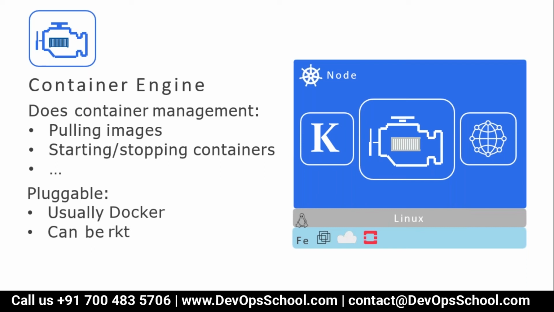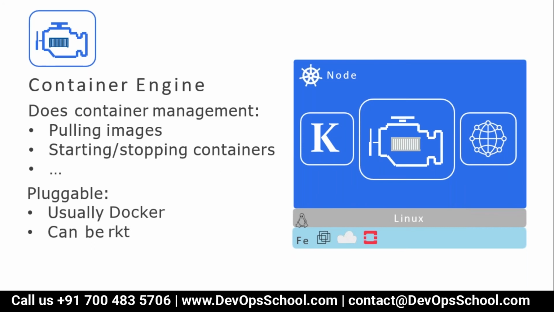Please go through my playlist, watch those videos and get knowledge on that. So what is the job of Docker? Pulling the images from the registry, starting the container, stopping the container, and all stuff like that. That's the second component. That means each node of the cluster must have a container engine, which can be Docker, Rocket, or many other available options.